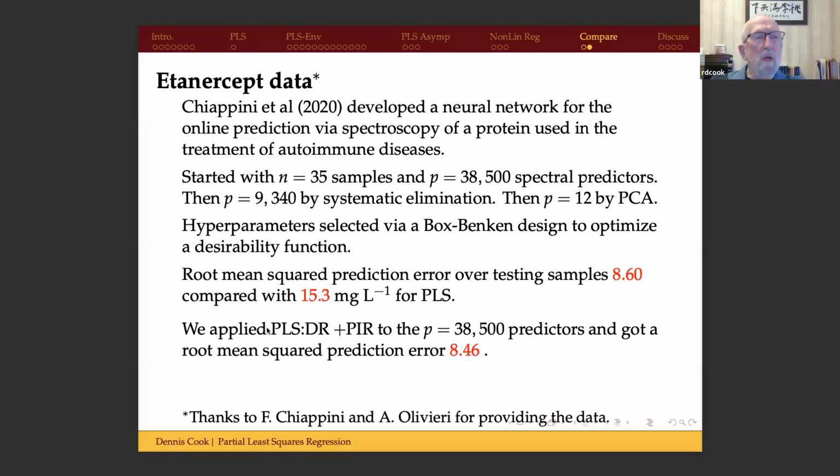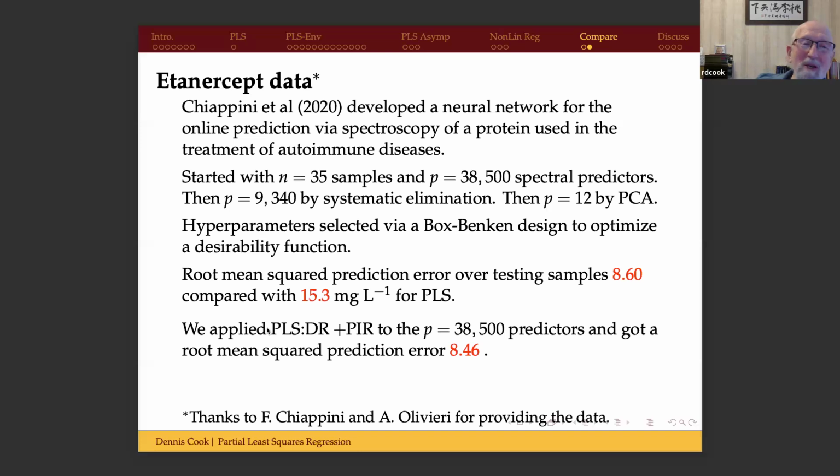They were interested in using neural networks. What they did, you can read what it's for there, is they started with 35 samples and P equal to 38,500 spectral predictors. They said, well, we can't handle 38,500 spectral predictors, so they systematically cut it down to 9,340.